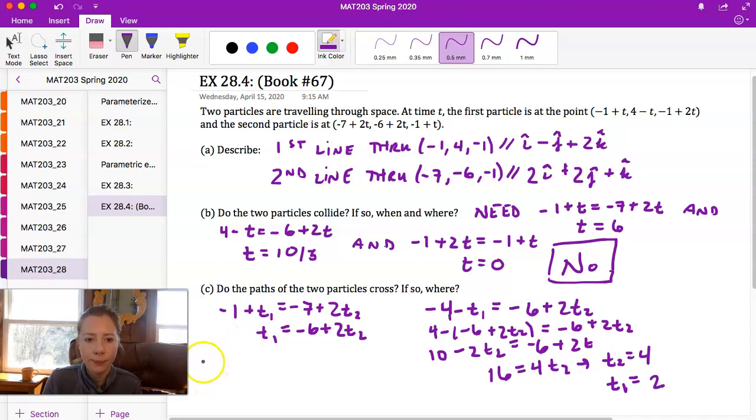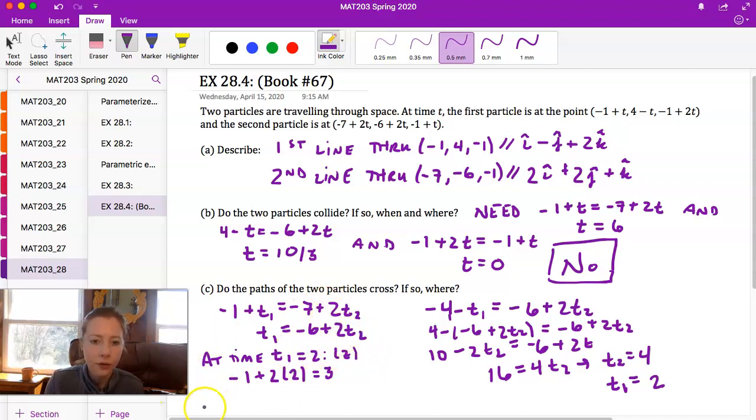So at time t1 equals 2, the first particle is going to be at -1 plus 2 times 2, which is equal to 3. So this will be giving us our z coordinate. To get our z coordinate, it's going to be -1 plus 2 times 2. This is for z.